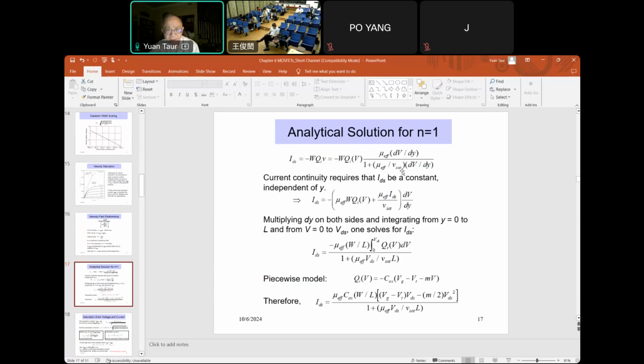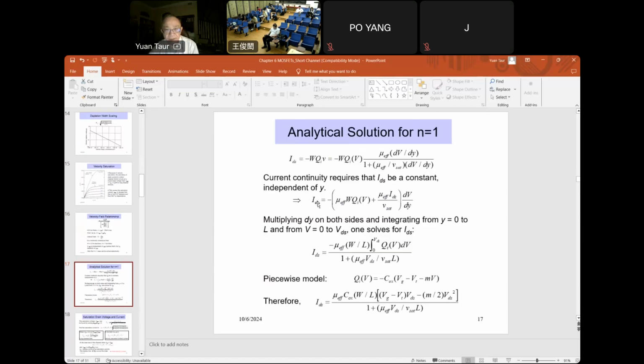So in any case, we multiply the denominator to the other side, and keep in mind that IDS is a constant because of current continuity. So it's constant between the source and drain. So we have two terms on the left, and then we move dV dy back to the right side, and we can solve dV dy like that, but with the IDS factor here.